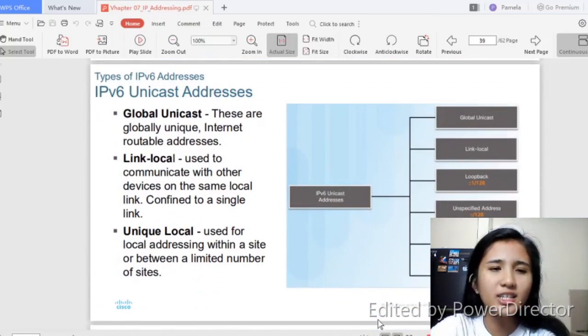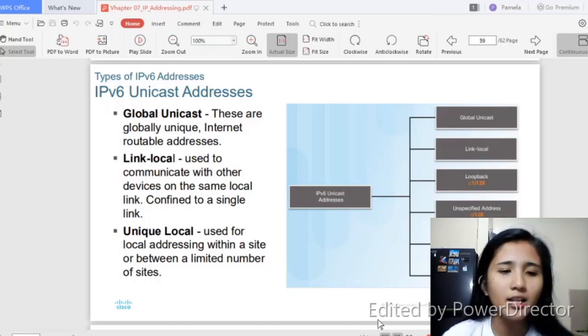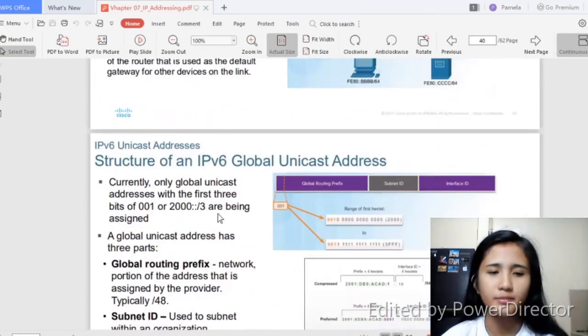Then the unicast addresses: the global unicast, the link local, and the unique local.